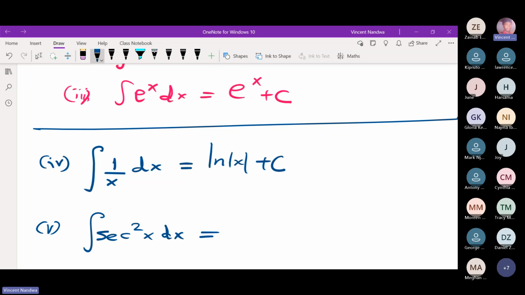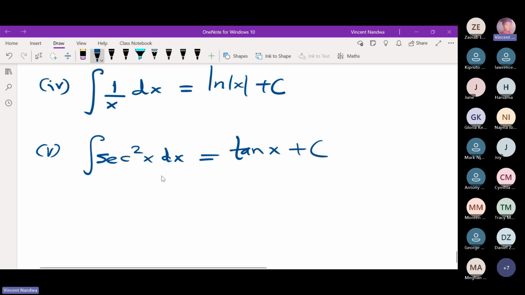Which function has its derivative as sec squared x? Tan x. So therefore, this will be tan x plus c.